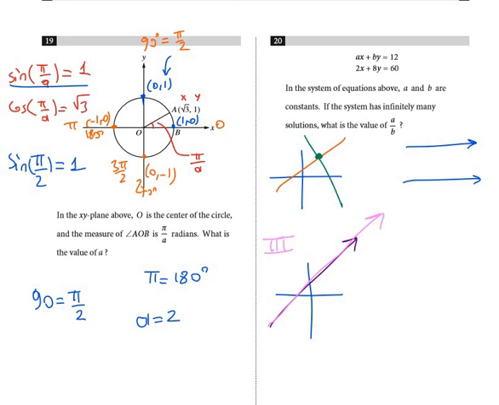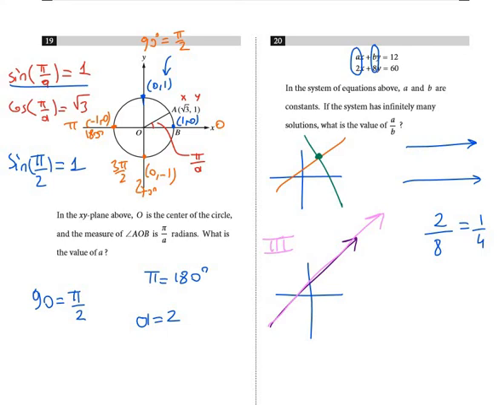So a is 2 and b is 8. Okay, so we're looking for a over b. A is 2, b is 8, so it's going to be 1/4.